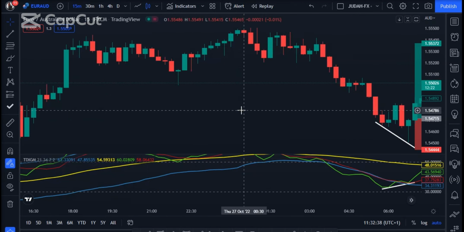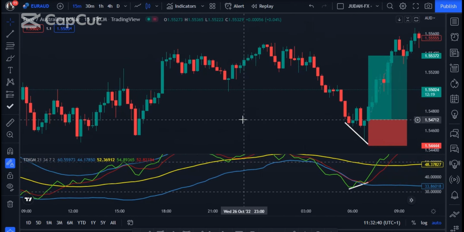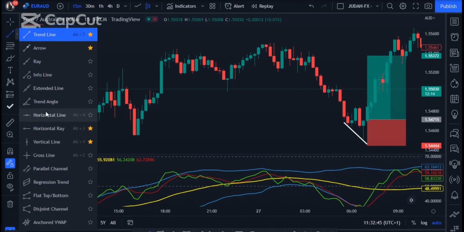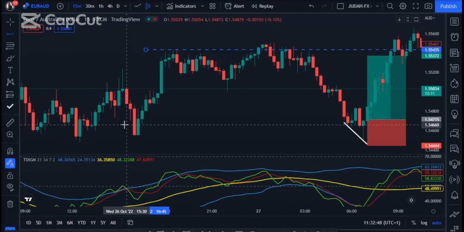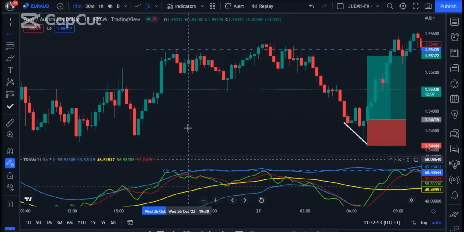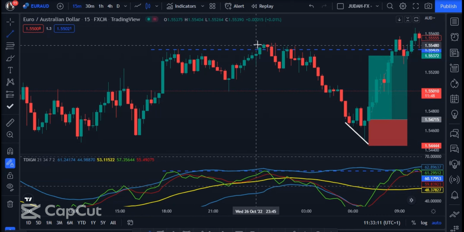So let's look for another example. If you draw a line at the high, here's the high, here's the high, you can see price made a higher high right here.